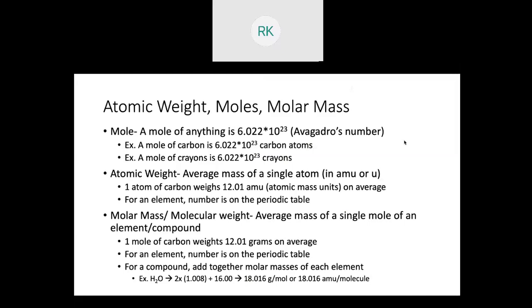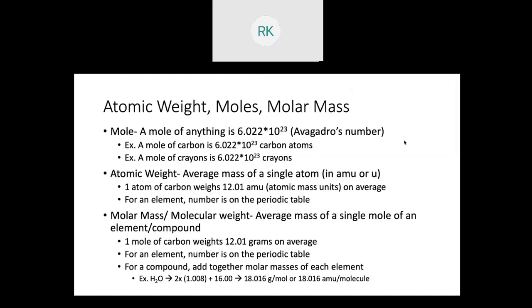Now, when you're looking at a compound, right, this is the last two bullet points on this slide, you have to add together the molar masses of each element. So the example I use here is just water, right? And so we have 2 times 1.008 because there are 2 hydrogen atoms, and each one of those is 1.008 in terms of weight, plus 16, which is our weight of oxygen.